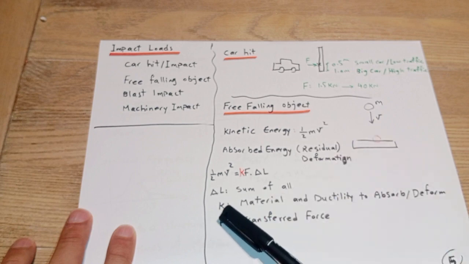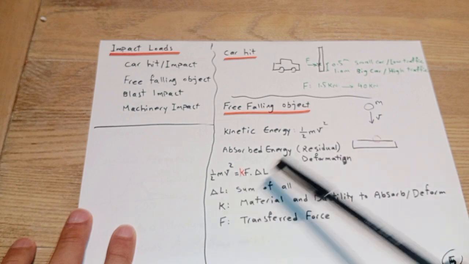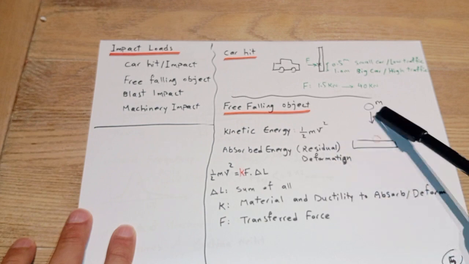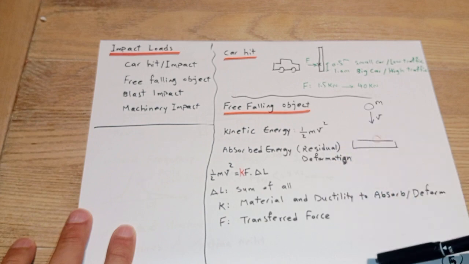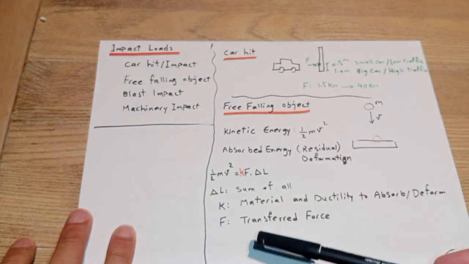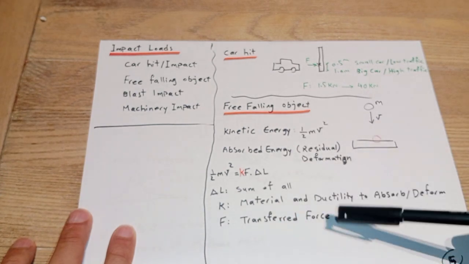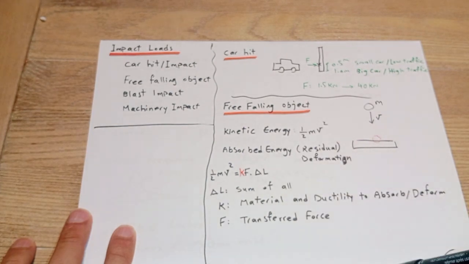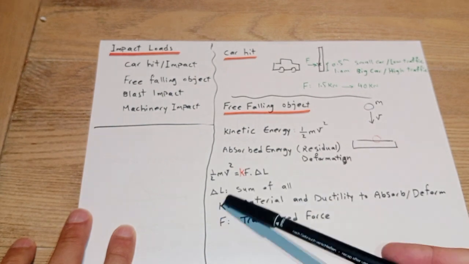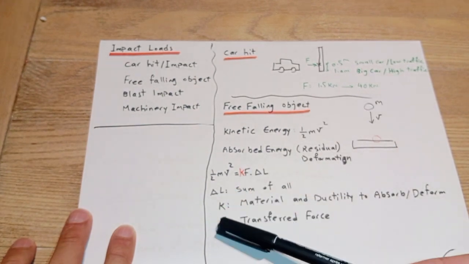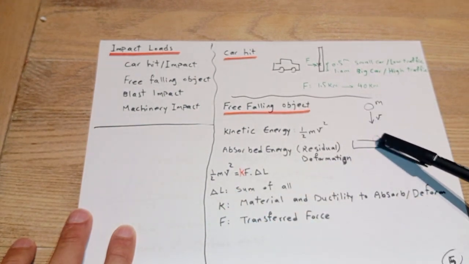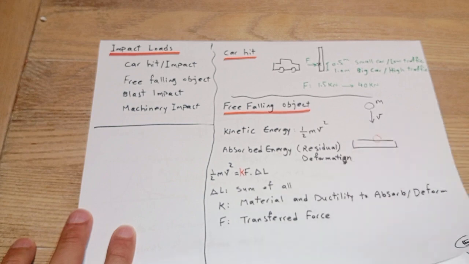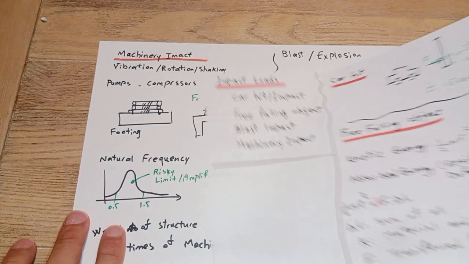And K is depending on the material type, material of the object and material of the structure, and it is very broad, and we need to have very detailed parameter considerations to find this K value. And as I said, F is the load acting on this surface or impact surface.